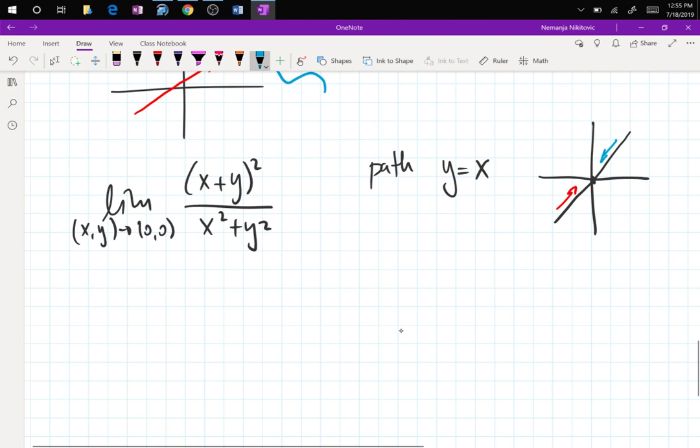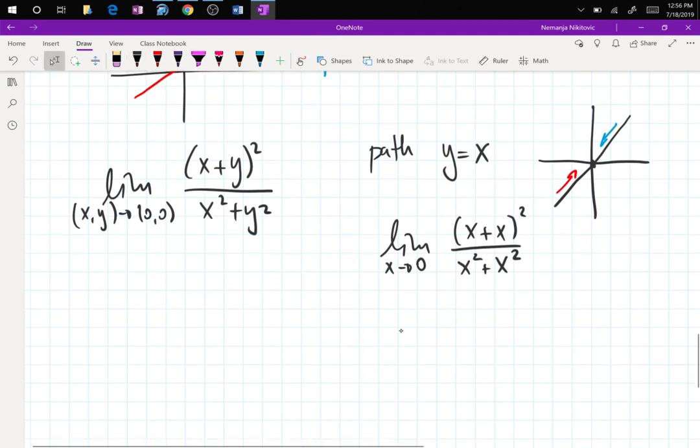So when you have the path y equals x, you will replace all y's with x's. So that reduces the problem into a limit as x goes to 0, no more y's, right? And on the other side, you have (x plus x) squared divided by x squared plus another x squared because each y is now x. So what we did is we reduced the three-dimensional problem to a two-dimensional problem because we specified a line on which we're going to walk.